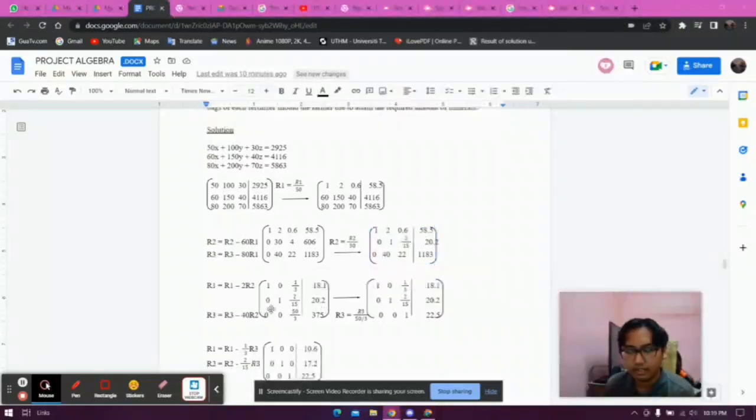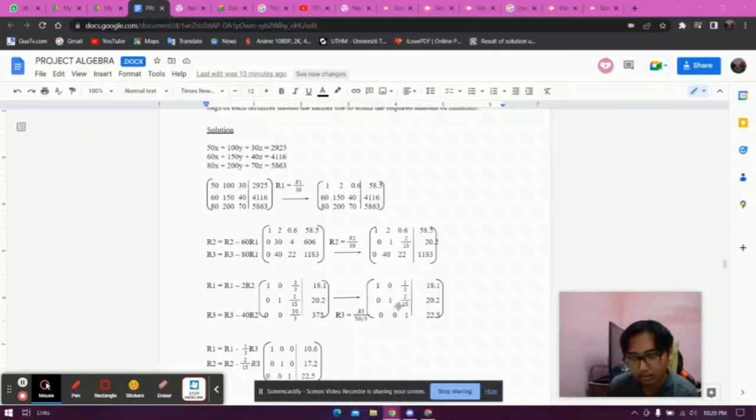For the next step, we make the second column, first row, and third row, make it 0. So the solution is row 1 minus 2 times row 2, and we got 0. For row 3 minus 40 times row 2, and we got 0.